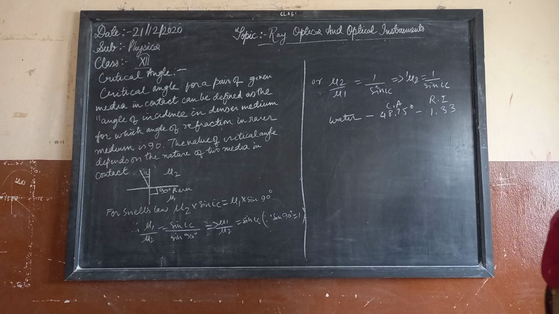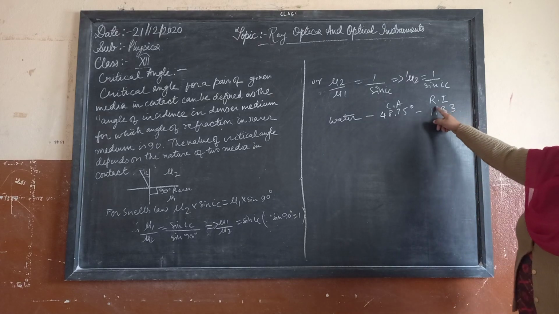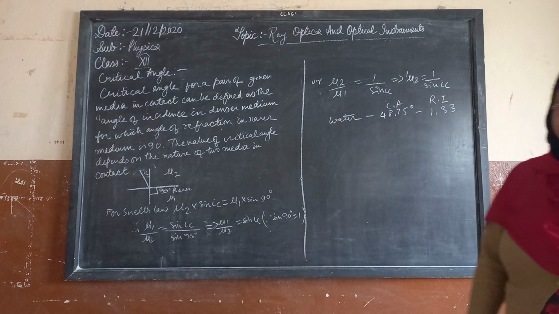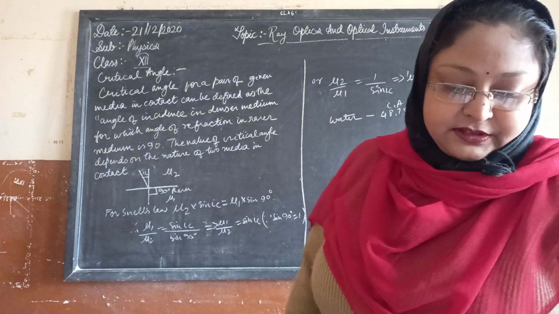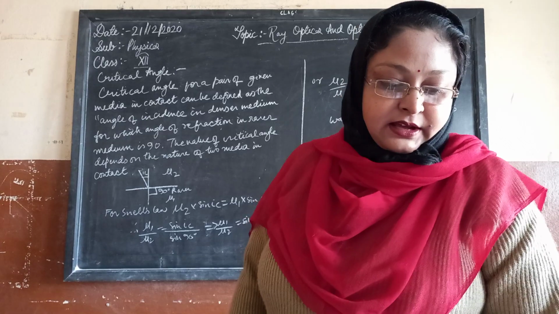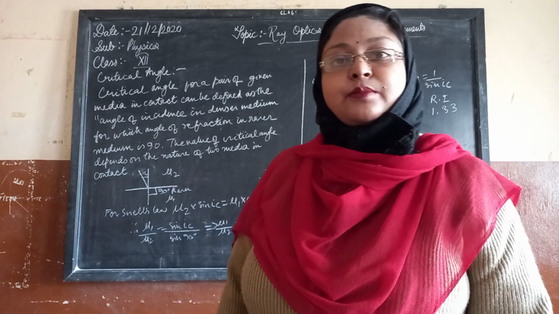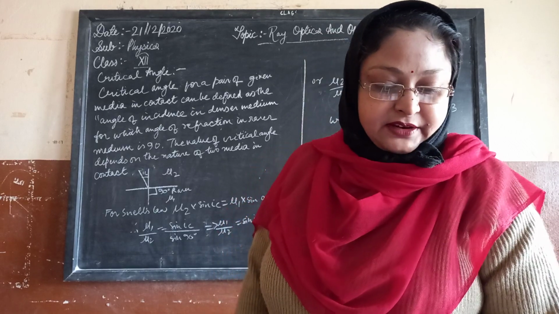In water, the critical angle is 48.75 degrees and the refractive index is 1.33, and some of the angles are given in these notes. I am sending the notes to you in PDF format. The refraction of light through the rectangular glass slab I am also giving in your PDF.